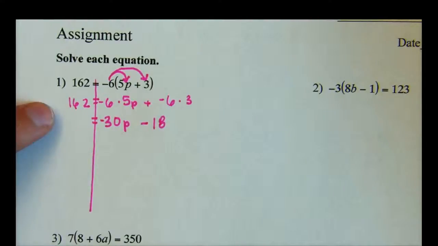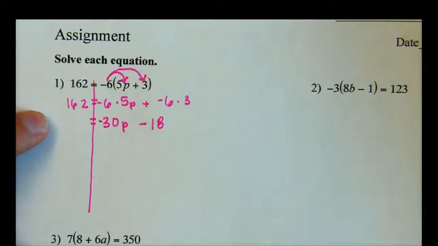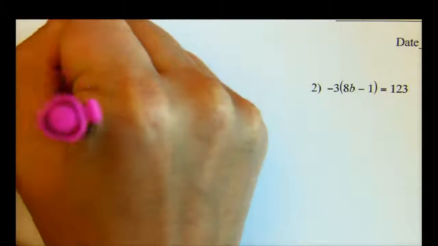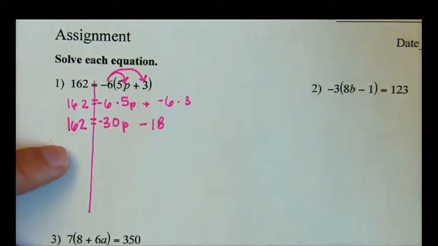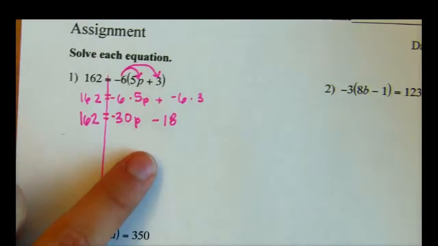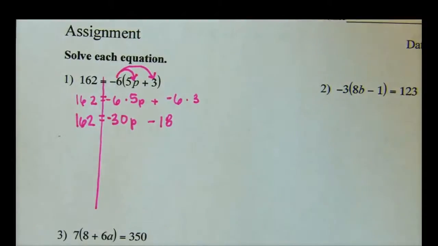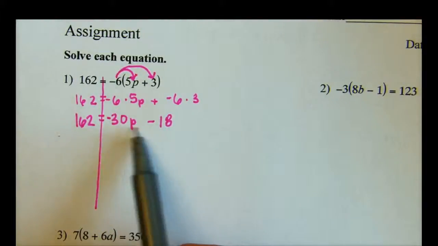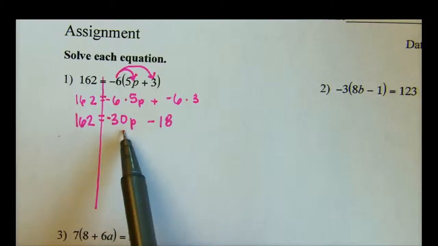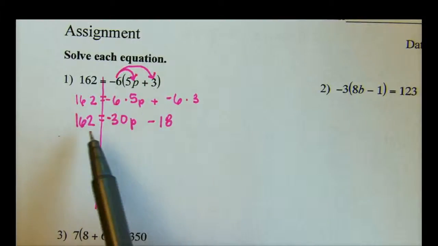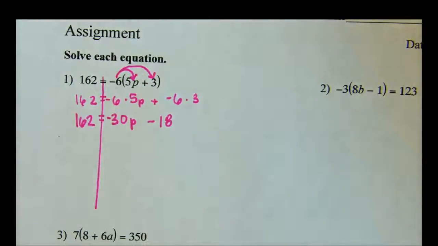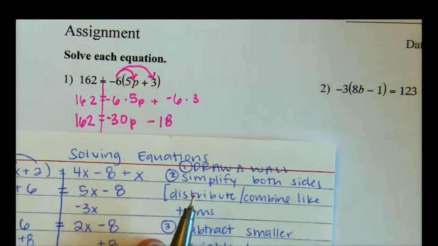Okay, and on this side of my equal sign, my 162 is just brought down. Now I've simplified everything on this side. There are no like terms that I can combine. Same thing with this side. So I have simplified both sides as much as I can.